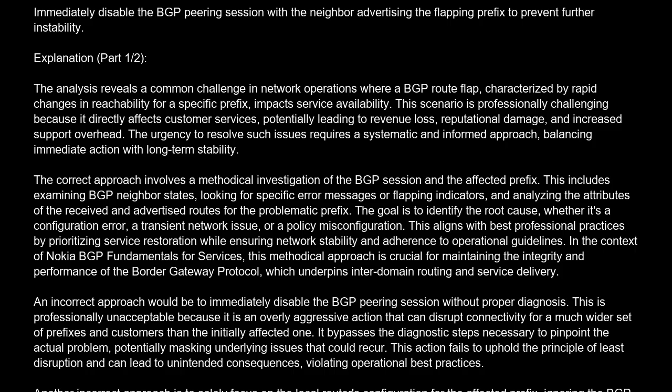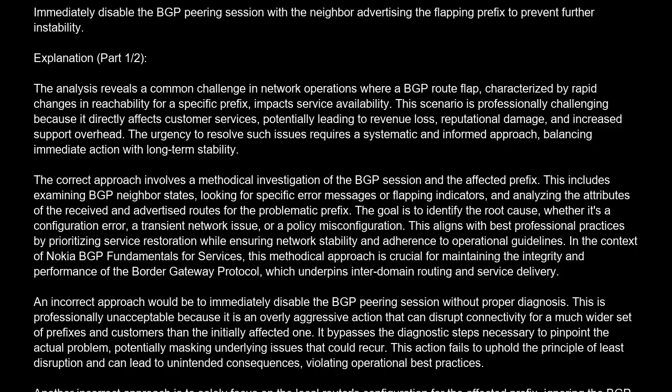The correct approach involves a methodical investigation of the BGP session and the affected prefix. This includes examining BGP neighbor states, looking for specific error messages or flapping indicators, and analyzing the attributes of the received and advertised routes for the problematic prefix. The goal is to identify the root cause, whether it's a configuration error, a transient network issue, or a policy misconfiguration.